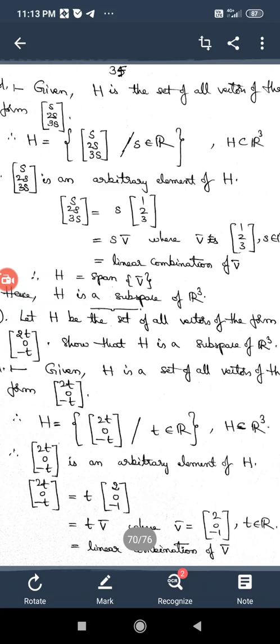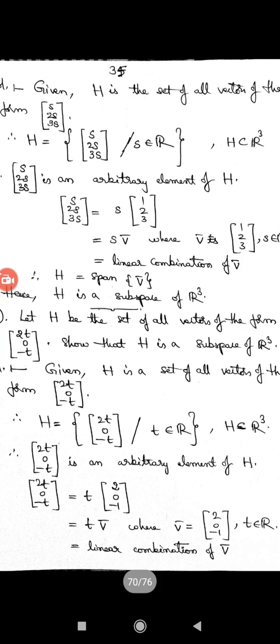Now I am considering the column vector (2, 0, -1) as v bar. So we are naming the column vector (2, 0, -1) as v bar, so that (2t, 0, -t) will now be equal to t v bar, where v bar is the column vector (2, 0, -1).